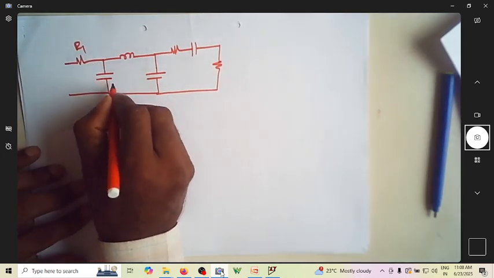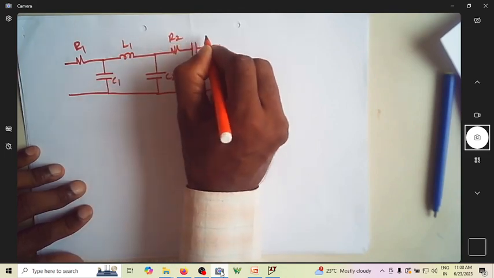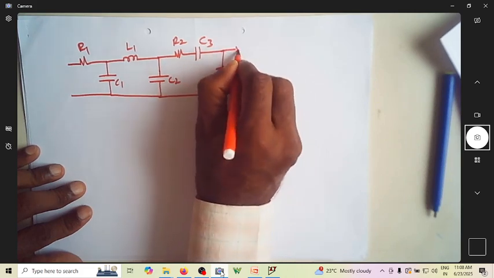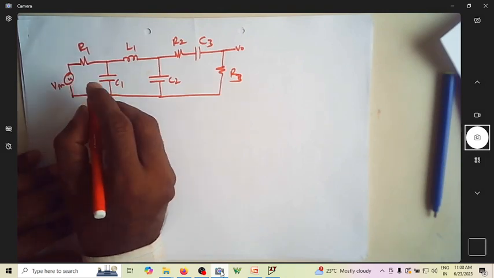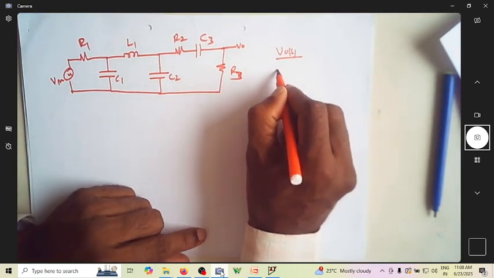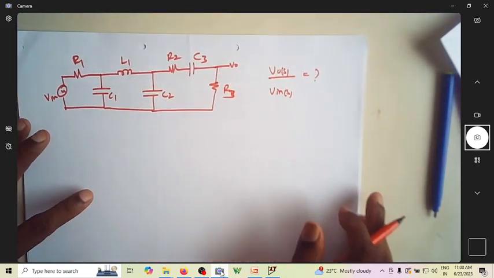This is R1, C1, L1, C2, R2, C3, R3. This is V0. This is V. So you have to find what is V0 of S by V of S.